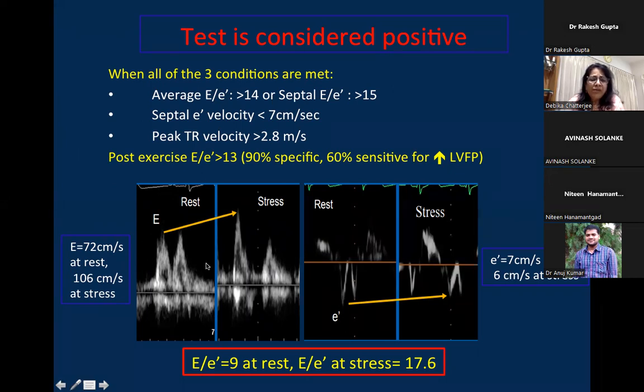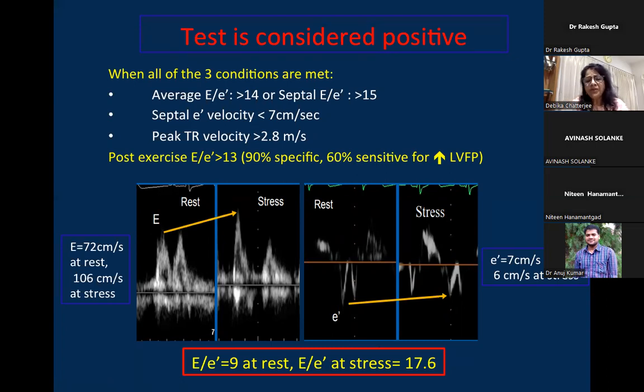So if you see the E by E prime ratio at rest, it was 9, and it has increased to 17.6 at stress. So a post-exercise E by E prime more than 13 is 90% specific and 60% sensitive for raised LV filling pressure.